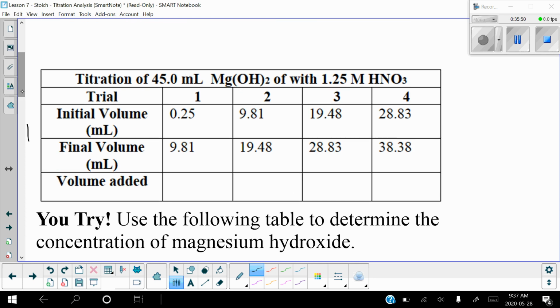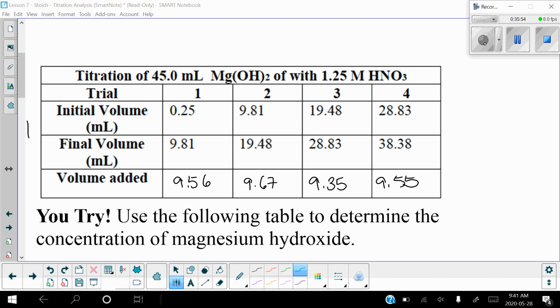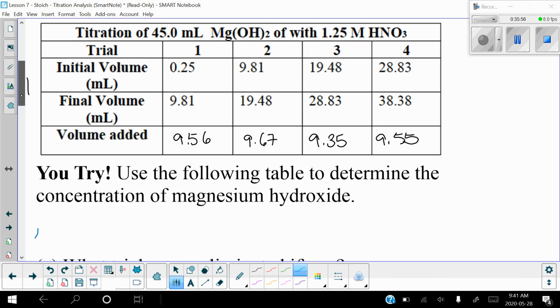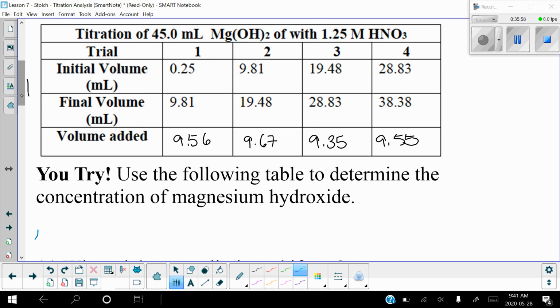All right, we have one here for you to try on your own. You can unpause and then check your answers. Okay, let's quickly walk through this one. So you're going to first go ahead and get your volume added by subtracting final minus initial. From there, you're going to examine, is there any trial that is not staying within that plus or minus 0.2 rule?